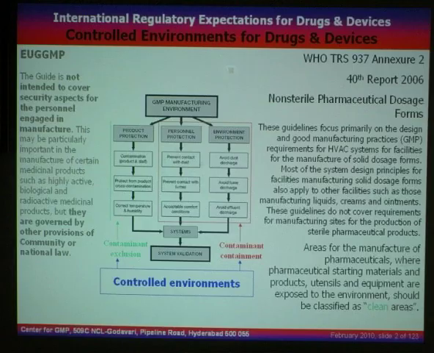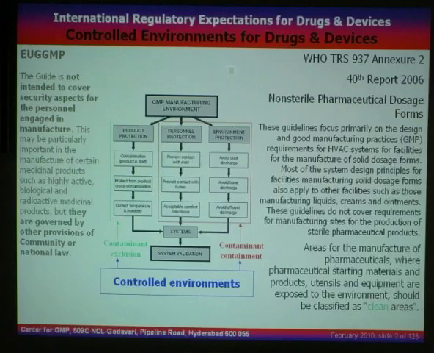But in its 40th report, WHO states these guidelines focus primarily on the design and good manufacturing practices requirements for HVAC systems for facilities for the manufacture of solid dosage forms. Most of the system design principles for facilities manufacturing solid dosage forms also apply to other facilities such as those manufacturing liquids, creams and ointments.